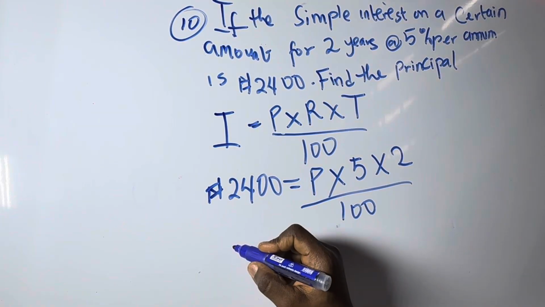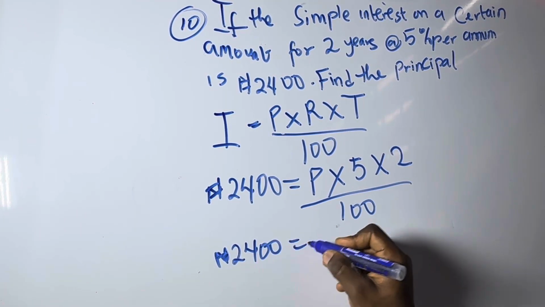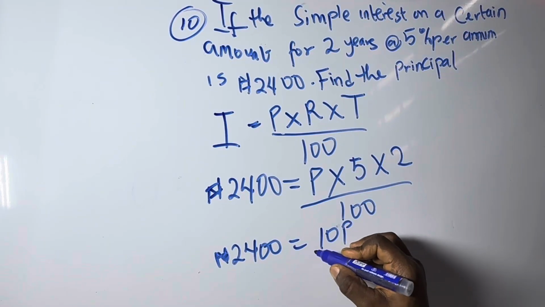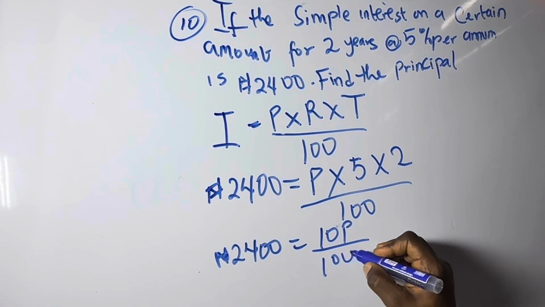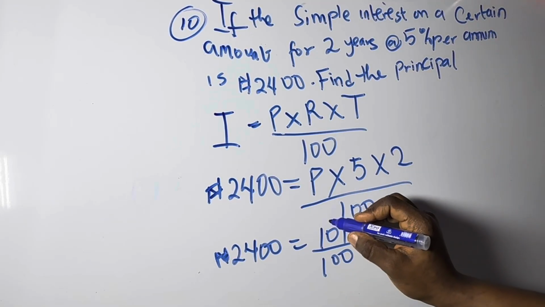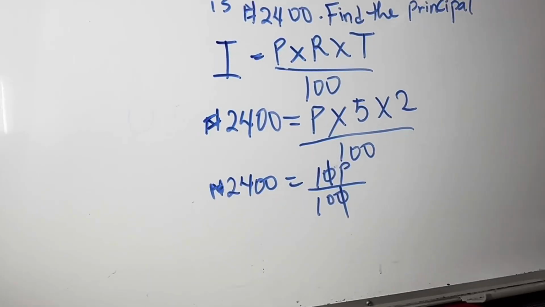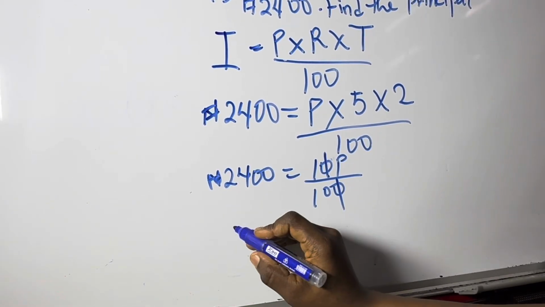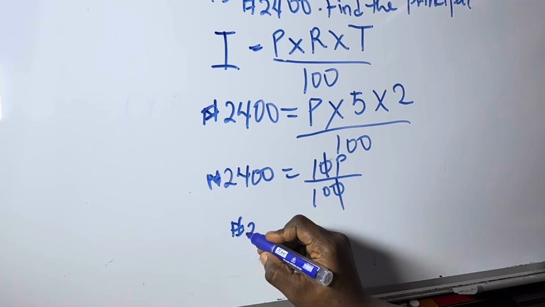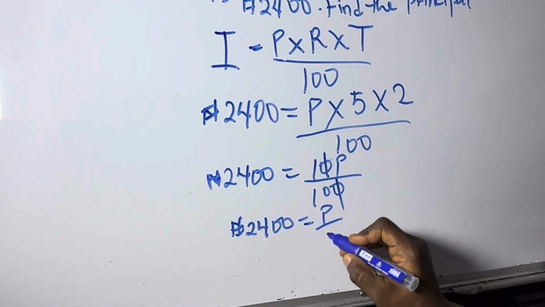Now, 2,400 equals 10P over 100. Now, 0 cancels 0, right? I'm left with 2,400 equals P over 10.